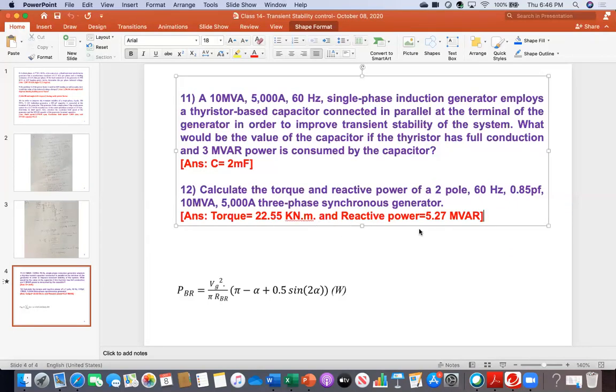Okay, so both results are the same. Yes. Very good. I got the answer for the 12th one. Yeah, same. For 11 I'm working on it. So Amani, did you get 2 millifarad for 11? Yes, sir, I got 1.995, almost 2 millifarad. Very good.